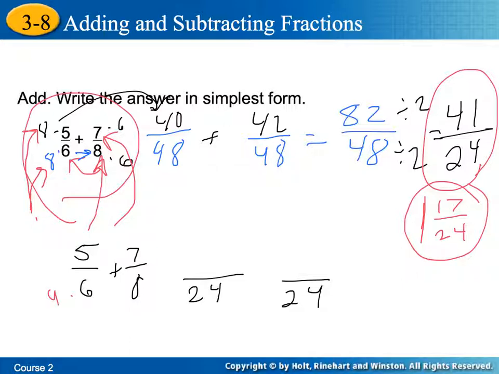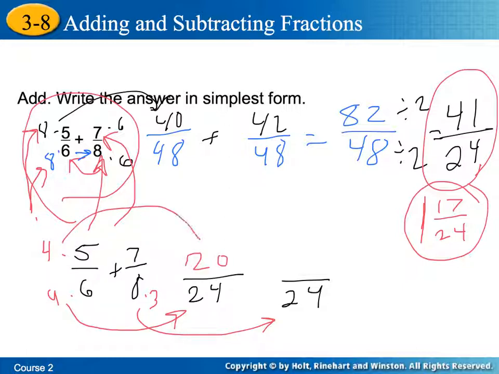All right? 8 times 3 is 24. So I got here a little bit quicker, because I knew my multiples. Now, again, whatever I do to the denominator, I have to do to the numerator. So I'm going to multiply by 4. 5 times 4 is 20. That's where I got that. 7 times 3 is 21.